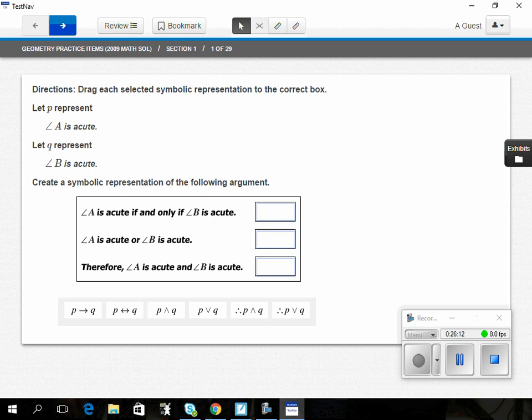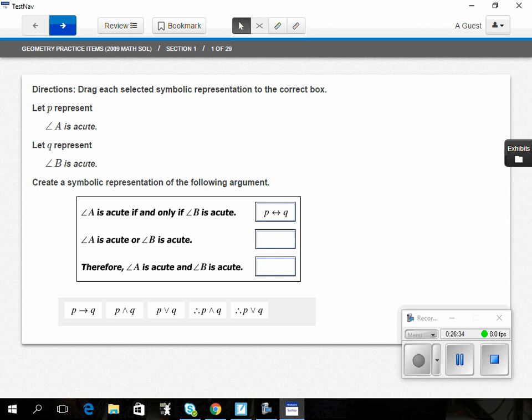We have what A and B are. Let's read the first sentence. It says that angle A is acute if and only if. Do you see "if and only if" in there? So what symbol is that? The double arrow. So the double arrow would be here. Do you agree? Yep. All right.